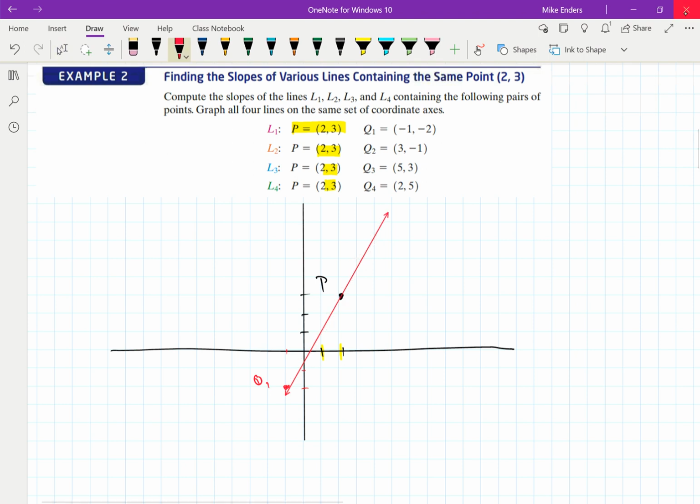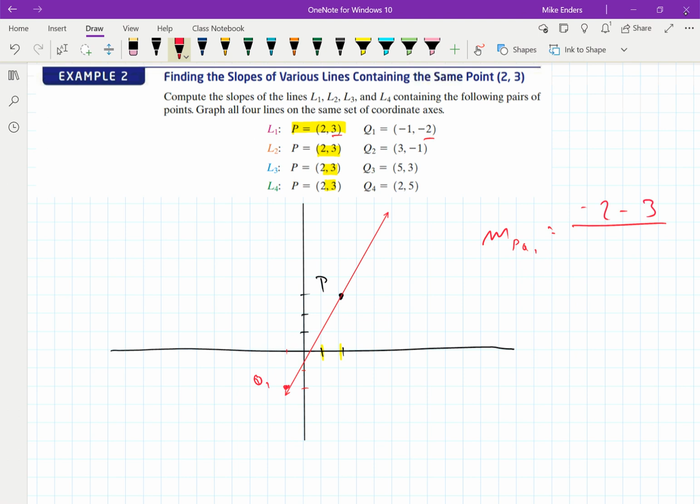And then we can take a look at that and say, okay, what is the slope? Let's calculate the slope. So my slope of P to Q sub 1 is going to be my change in my y's first. So rise over run. So I've got -2 minus 3.